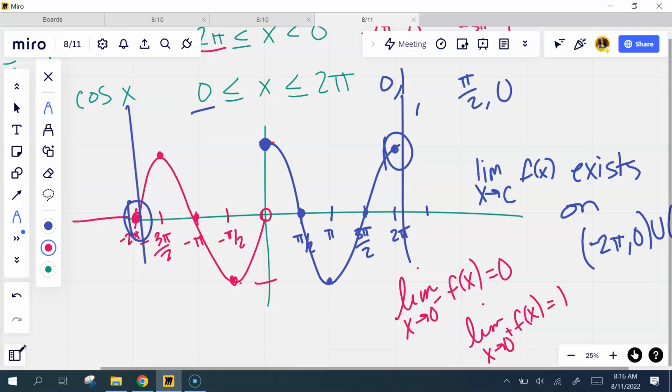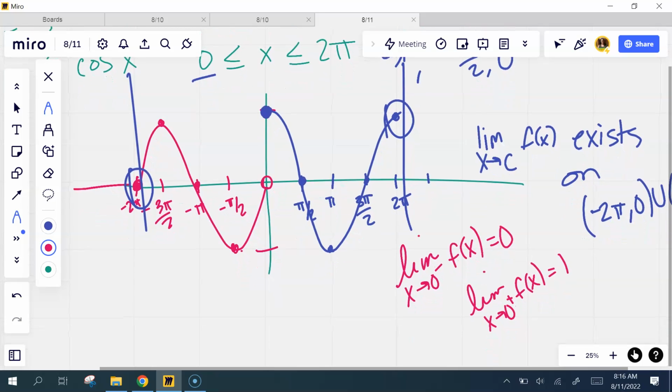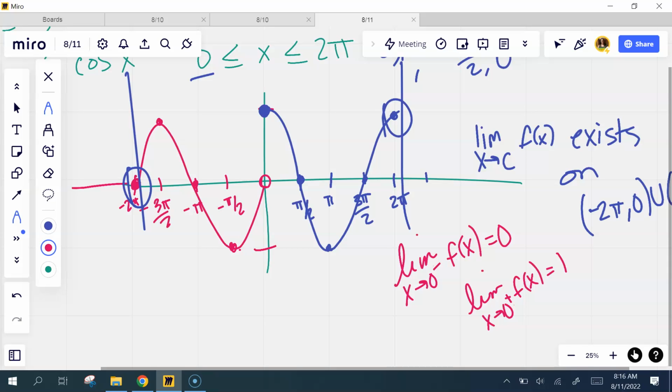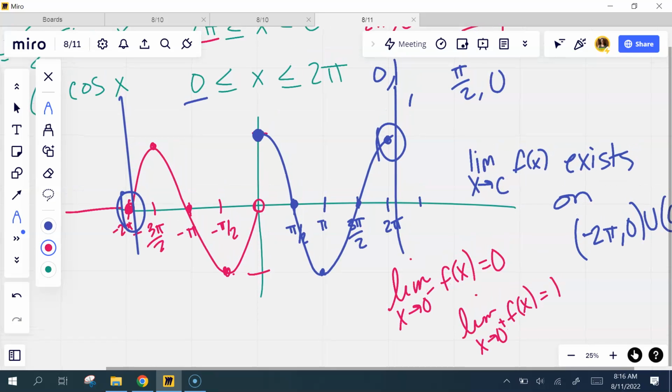Which answers part C and D? Oh no, it doesn't answer them all. At what points does only the left-hand limit exist? Only the left-hand limit. Don't be shy, y'all.